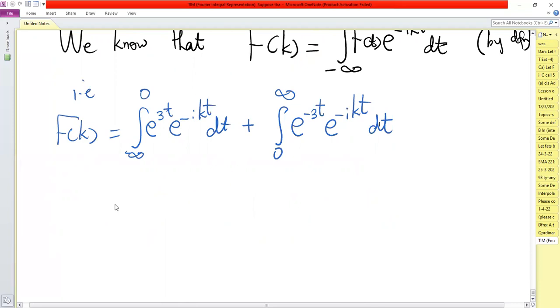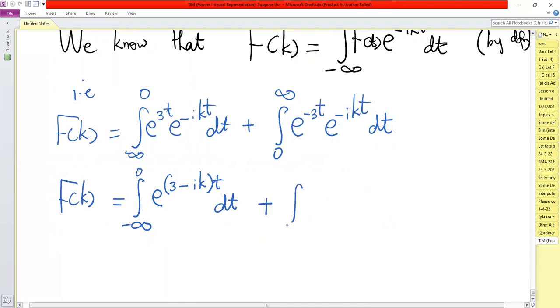Now we can rewrite this as the integral from minus infinity to 0 of e^((3 − ik)t) dt plus the integral from 0 to infinity of e^(−(3 + ik)t) dt.